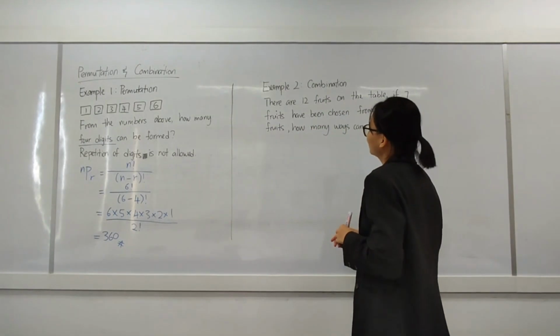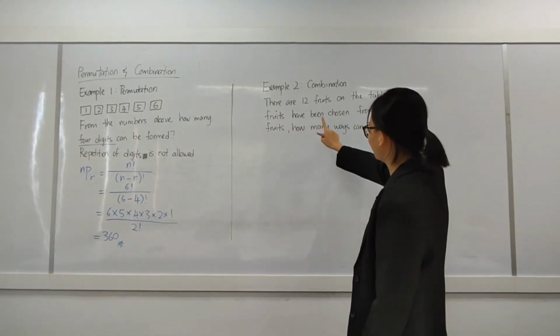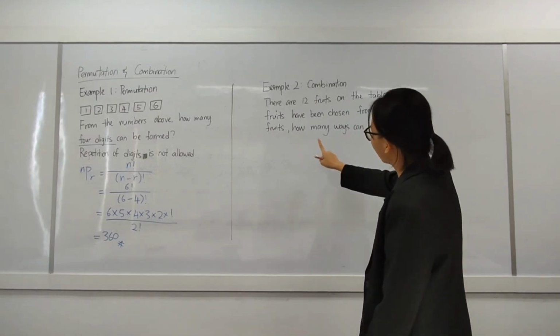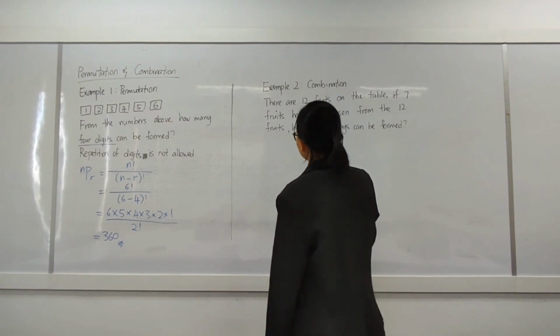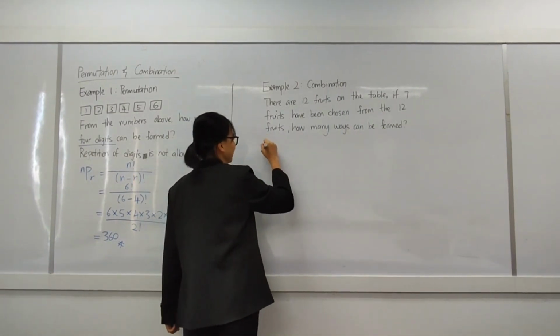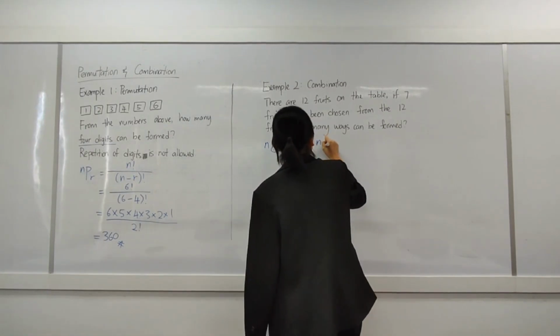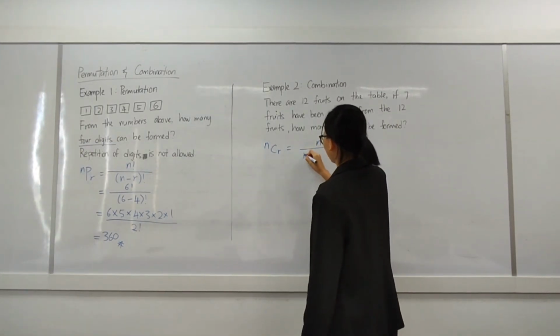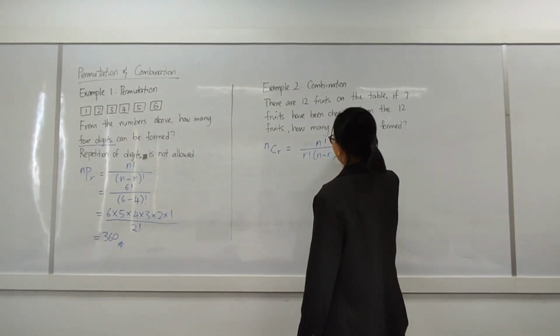So there are 12 fruits on the table. If 7 fruits have been chosen from 12 fruits, how many ways can be formed? So we know it uses combination, so we'll use this formula: nCr equals n factorial over r factorial times (n minus r) factorial.